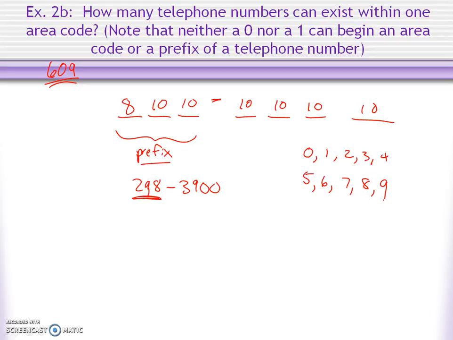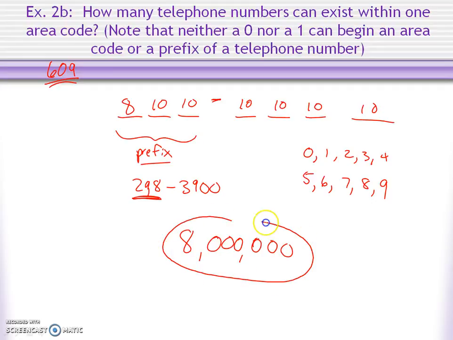Count them on your fingers. I think we all have 10 fingers. If not, use your toes. So 10 digits can go on all those. So you multiply all those together, and we have 8 million phone numbers within each area code given these rules.